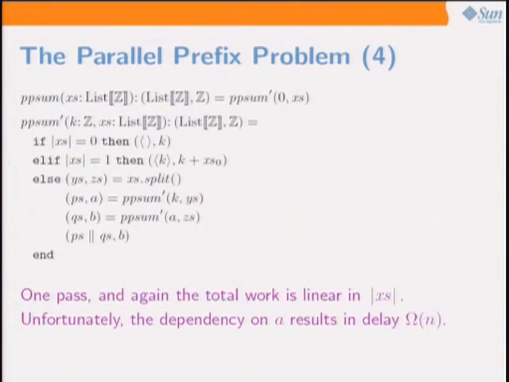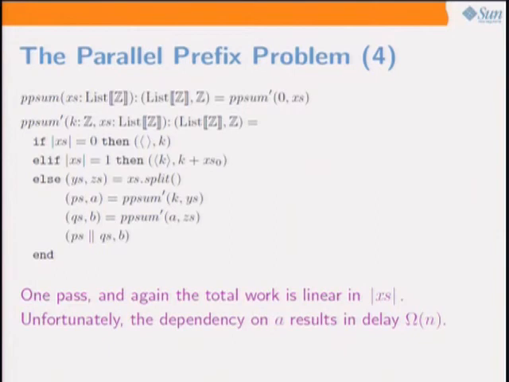Okay, so instead of using a value we got back from recursive call to pp sum, instead we're going to try handing the value to be added in from the top. So this version of pp sum calls pp sum prime and hands it x's and also 0, which is the value by which to update things down inside of it. And we'll keep repassing k down. And in this recursive case, notice that when we call pp sum prime on the left half we hand it k, and when we call it on the right hand side to take the parallel prefix of the z's, we hand it a.